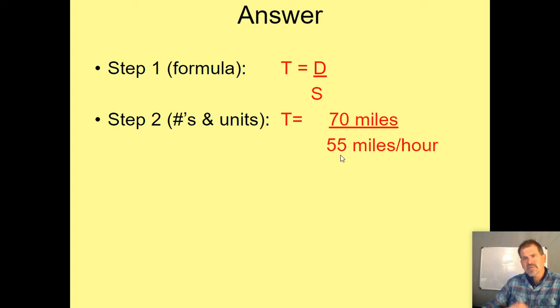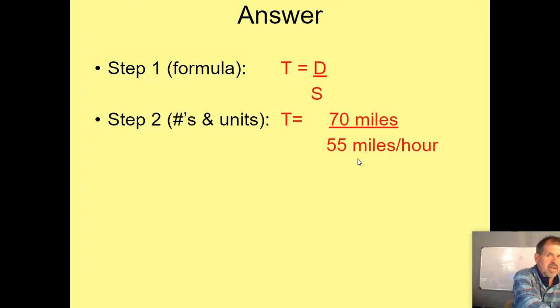Now remember, this is a whole number being divided by a fraction. And if you recall from algebra, if you're dividing a whole number by a fraction, you multiply the whole number by the inverse of the fraction.